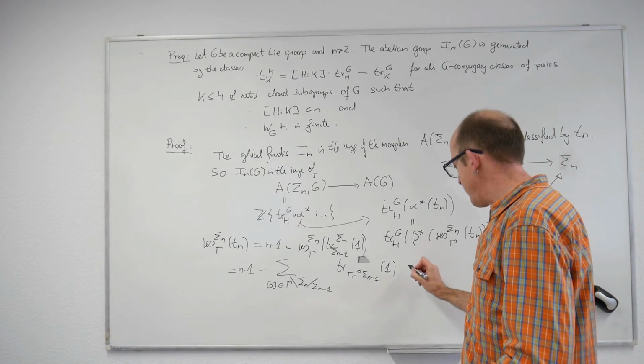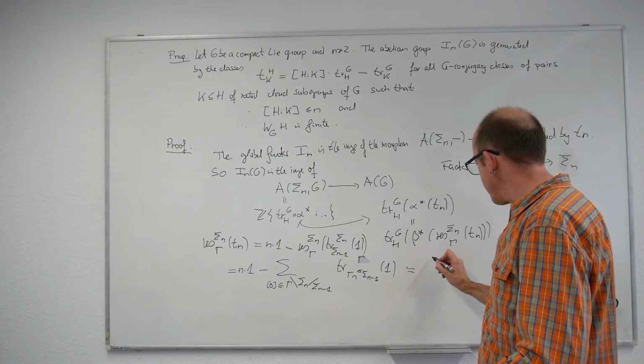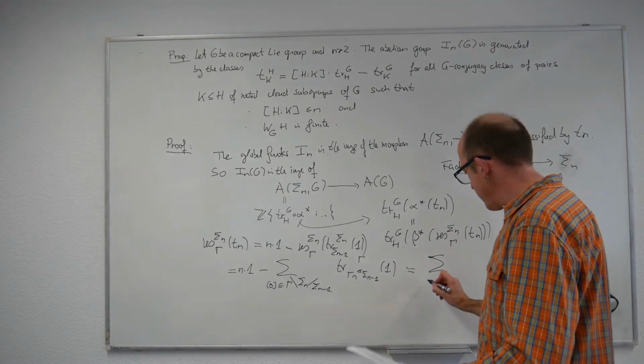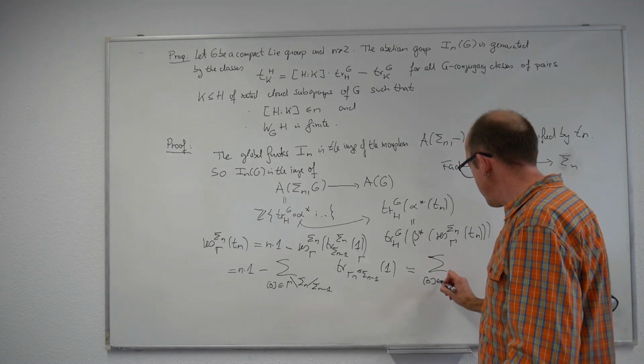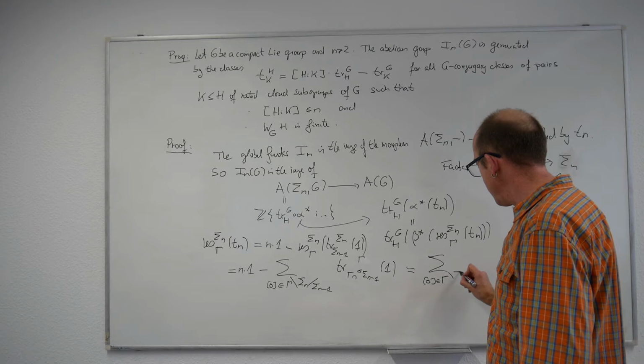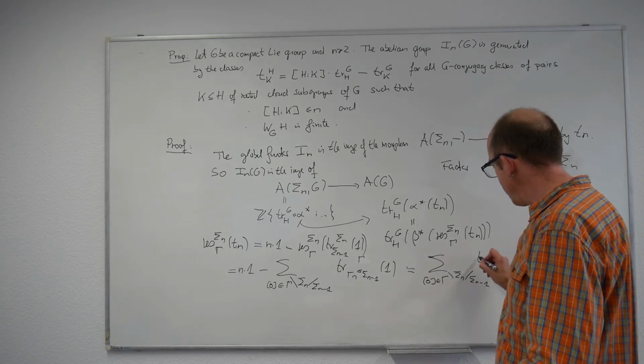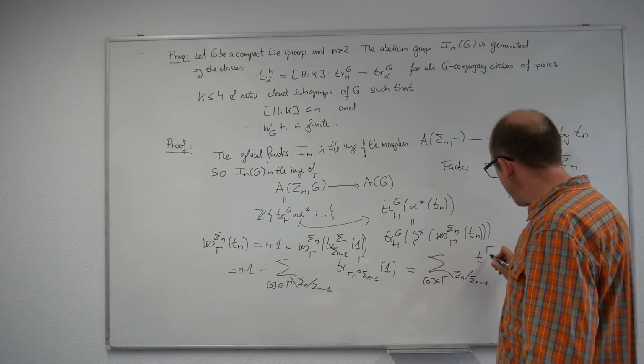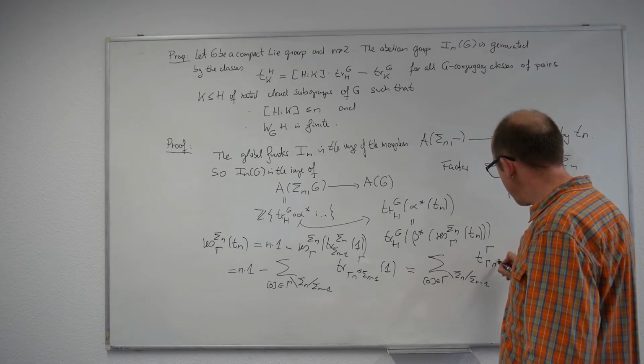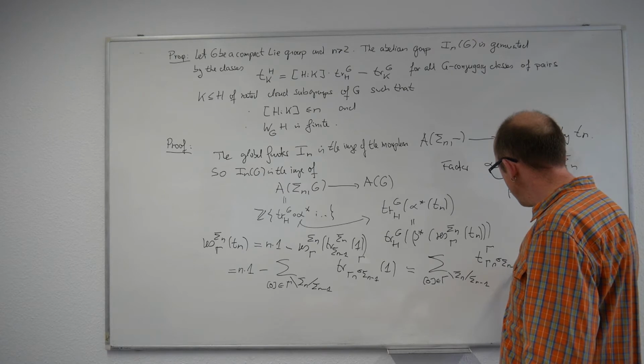And this is nothing but the sum over double cosets, gamma mod sigma n minus 1, of the class of gamma and gamma intersected with the sigma conjugate of n minus 1.